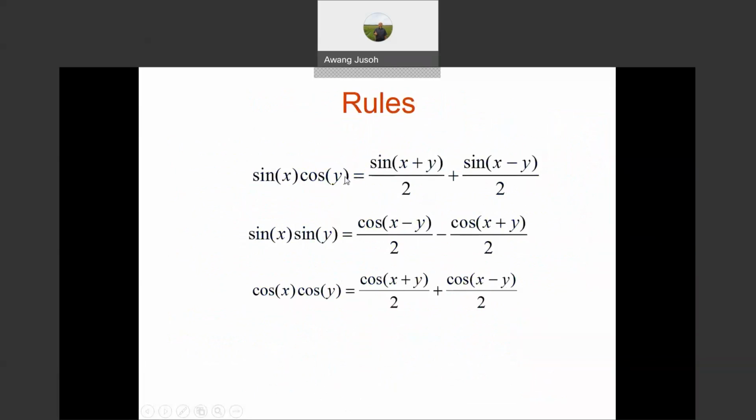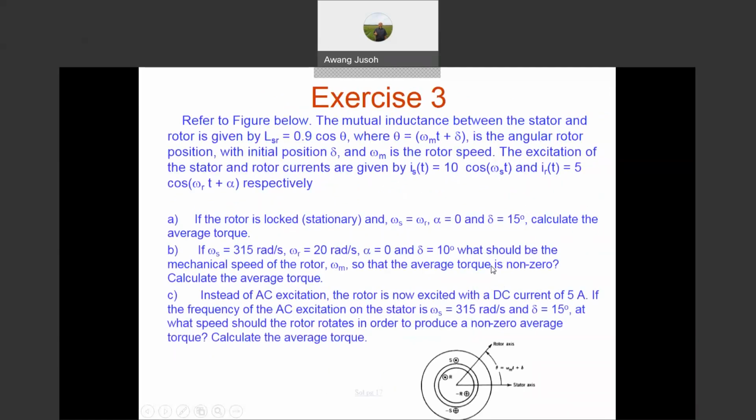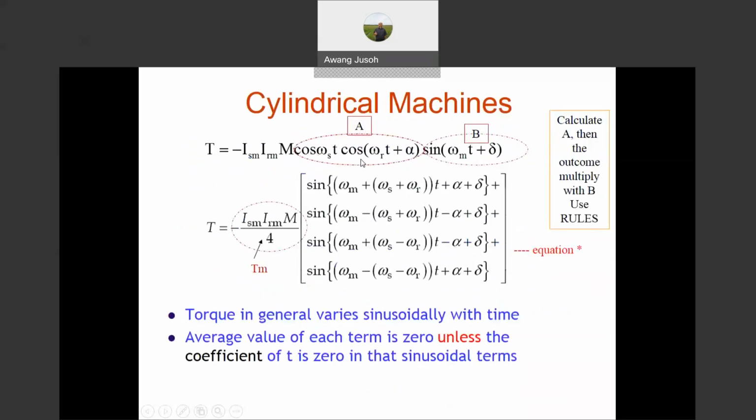For cos multiplied by sine, you use the corresponding rule, and then we get sine and sine. So that is how the process takes place. So back to here now. First cos by cos, you get cos of x plus y plus cos of x minus y over 2, and then multiply by sine theta. By doing that, we have these terms: you get 4 terms now in the torque equation.